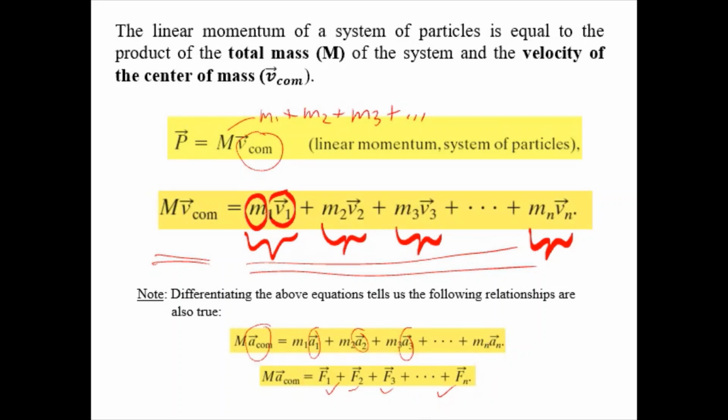So this is why when we looked at a system and we applied F equals ma, net force equals mass times acceleration, if you remember, we said we could apply that to a system, and we defined our system. The reason that worked is because of exactly this, the fact that this overall force on all the little particles added together, all those force vectors, is going to be equal to the total mass of the system times the acceleration of the center of mass.